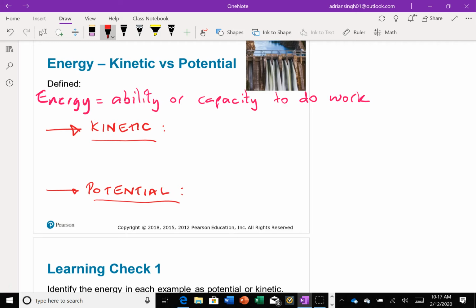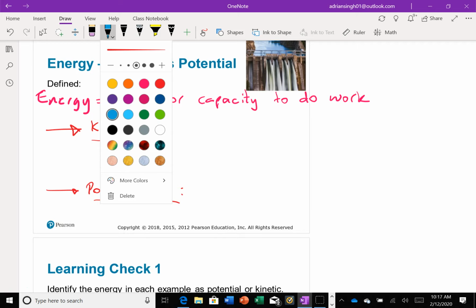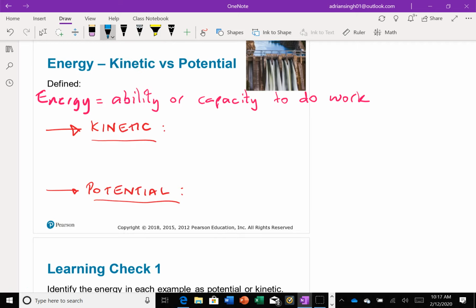So how are they defined, and what are some examples of each of these? Well, kinetic energy can be defined as the energy of motion.